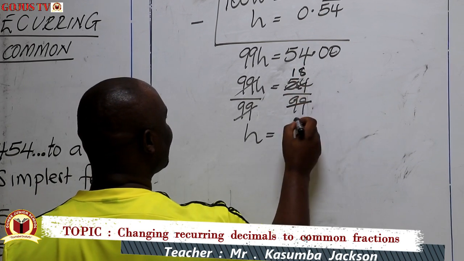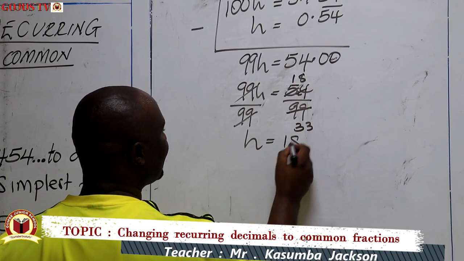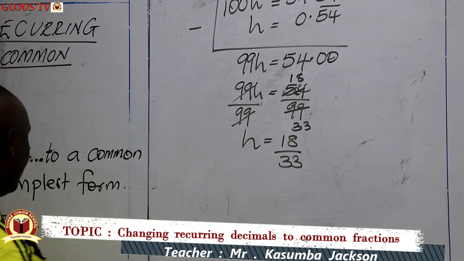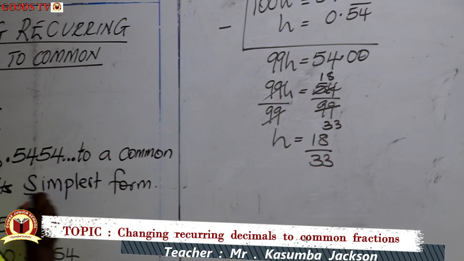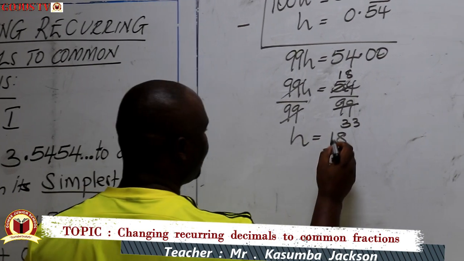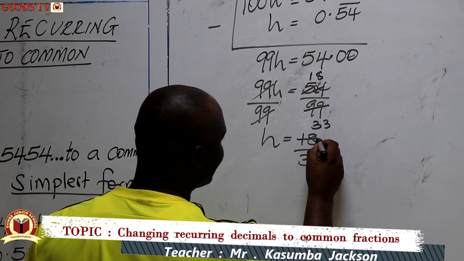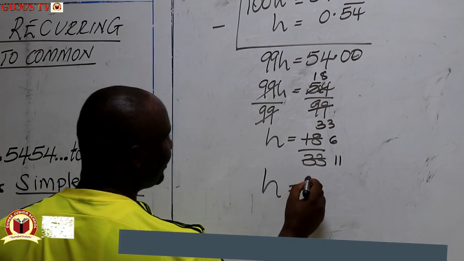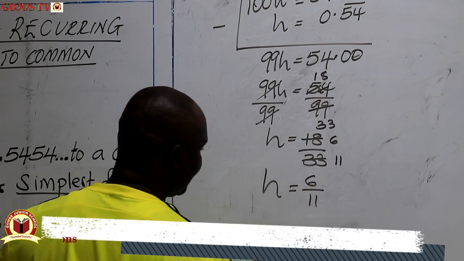By 3, I'm seeing 33. So my H is 18 out of 33, which is not the simplest. Remember, the person wanted you to give the fraction in its simplest form. By 3, I can have this as 6. By 3, I can have this as 11. So H alone is 6 out of 11.